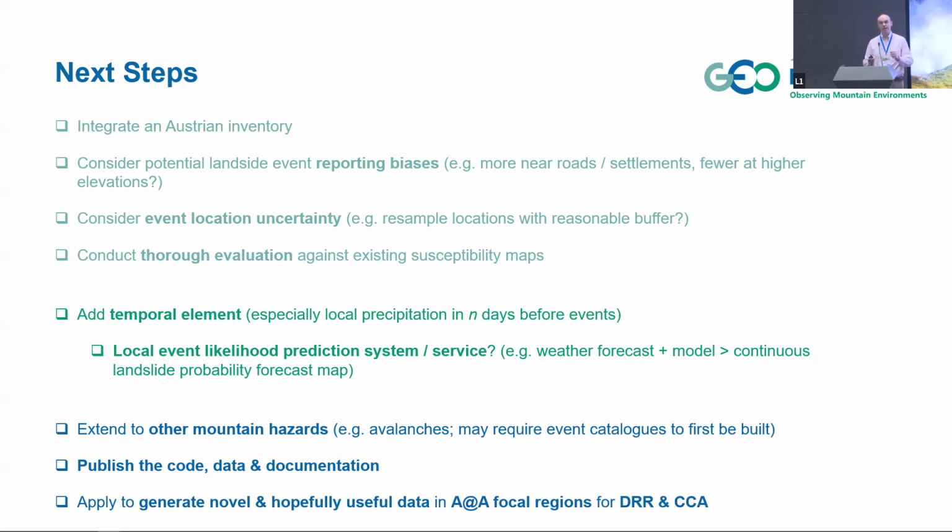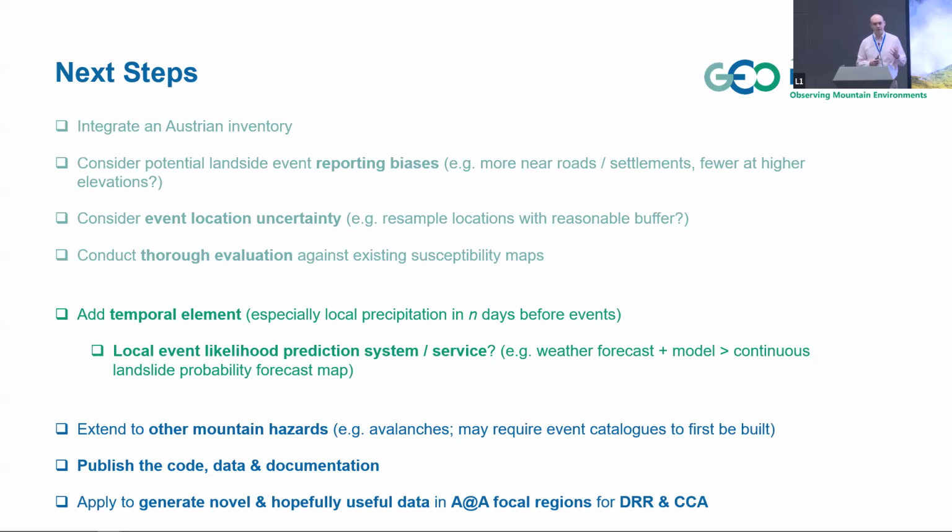So in theory, we could also extract the precipitation, for example, in a certain number of days leading up to those events in those locations. And this could then enable us to generate a kind of continuous forecast of landslide probability. If we take information from weather forecasts plus the model, we could every day, for example, update a landslide susceptibility map.